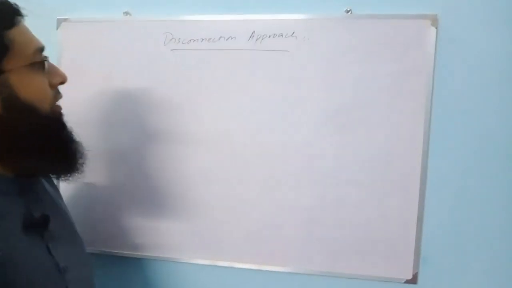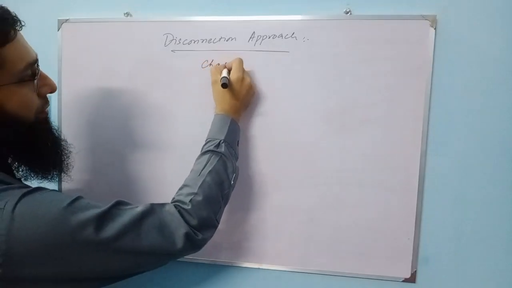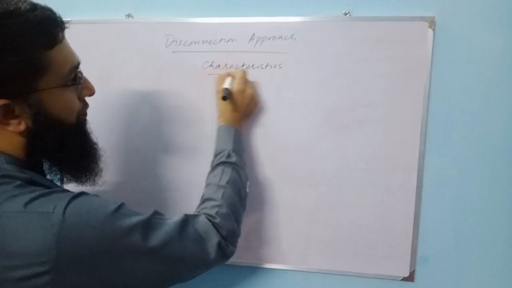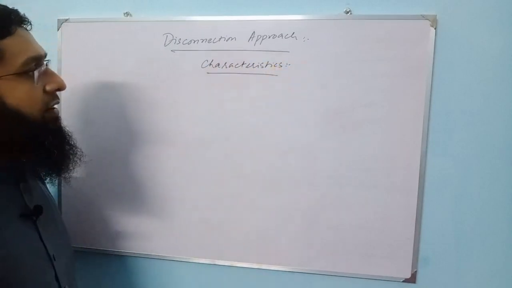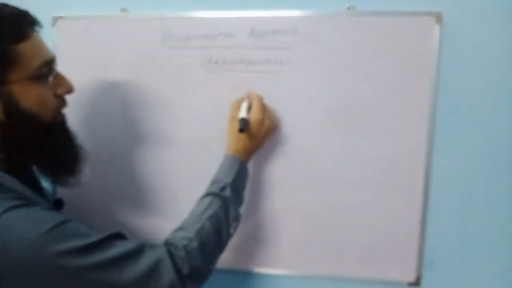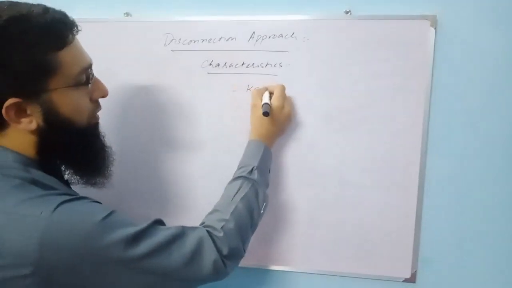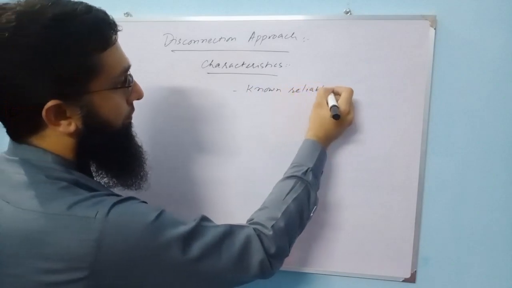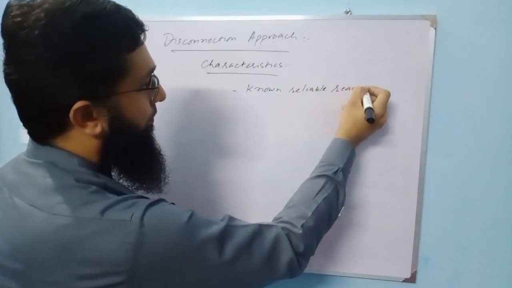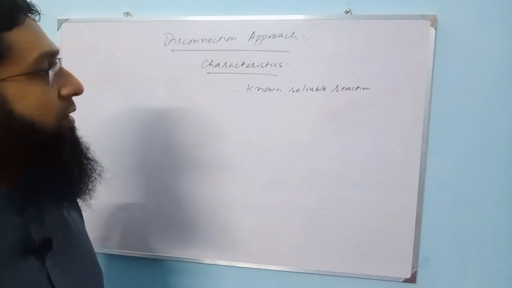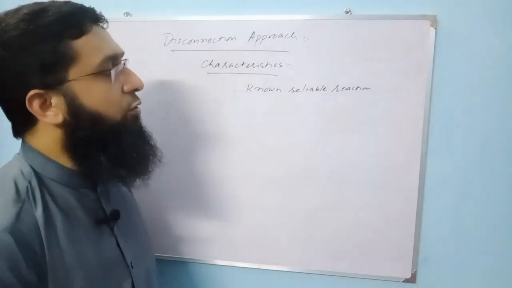Now we see some characteristics of a good disconnection. Characteristics of a good disconnection are, for example, in a series of steps during a total synthesis.